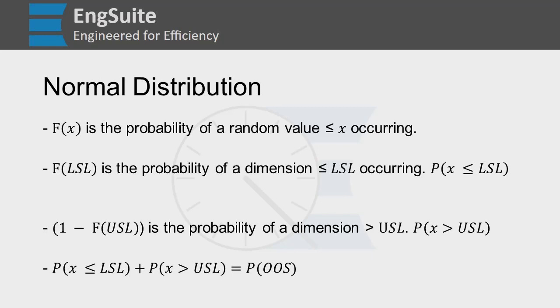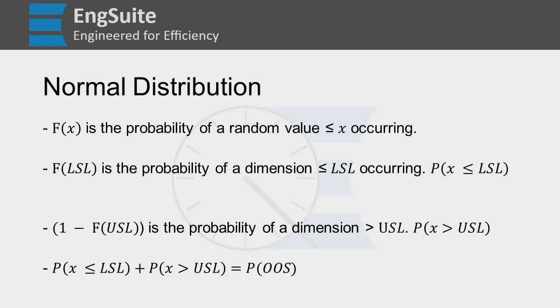We also know that 1 minus f of USL is the probability of a dimension greater than USL. That's the probability of x is greater than USL.